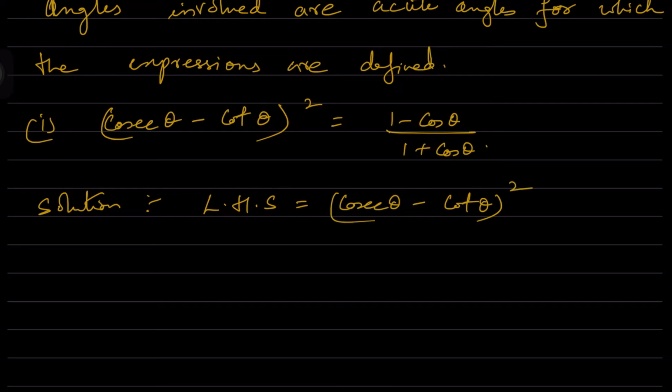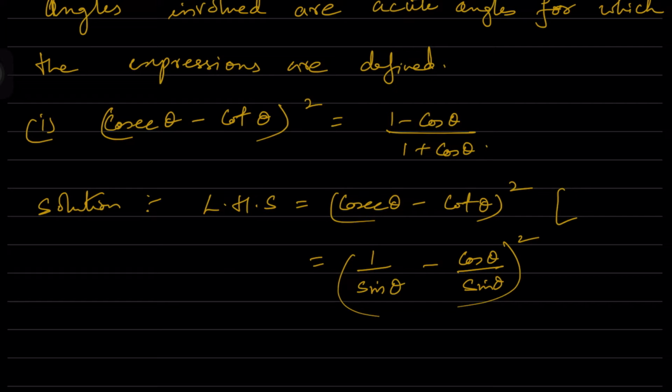Always bring in terms of sine and cos. So cosecant theta can be written as 1 by sine theta, minus cos theta by sine theta, whole square. Whatever transformation we have used, I am writing here: cosecant theta is equal to 1 by sine theta and cot theta is equal to cos theta by sine theta.